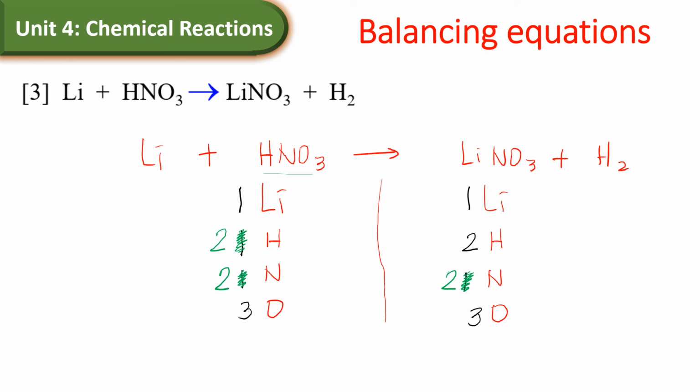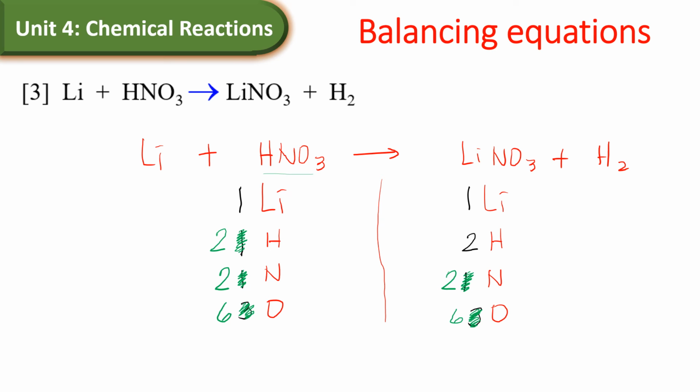Going back, if I change hydrogen into 2, nitrogen into 2, meaning I add here a coefficient of 2, right? So 3 times 2 becomes 6. So your oxygen here will become 6. And if oxygen on the reactant is 6, the product will also have 6.